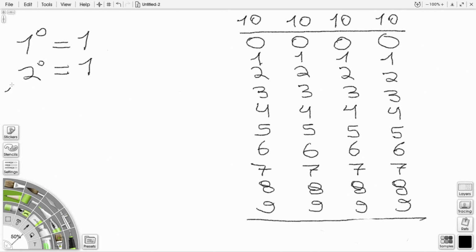The number, I don't know, 100 elevated to 0, excuse me, it's a little ugly here, is also 1. So any number elevated to 0 is 1, including the number 10. So 10 elevated to 0, okay, to the power of 0, is also 1.